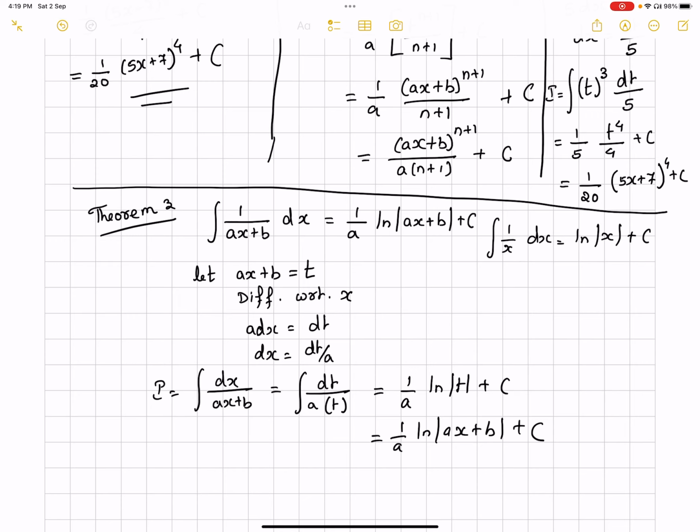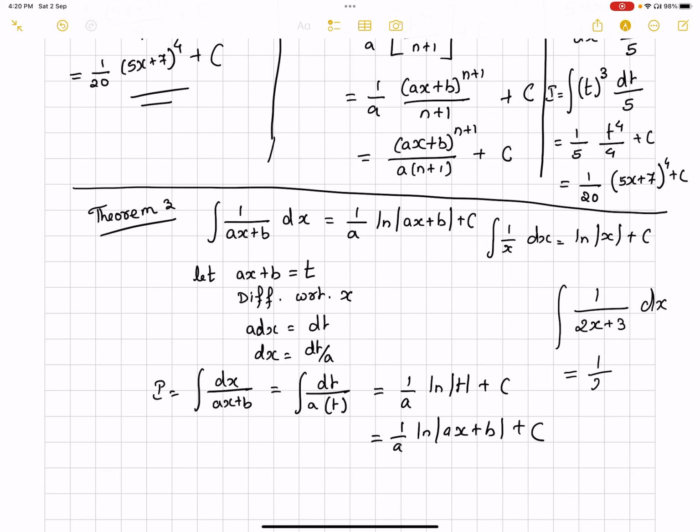The only thing you need to observe is whether the provided problem is in the format of ax plus b within a bracket, whole to the power something, or as a 1 by ax plus b format. Suppose here I have 1 divided by 2x plus 3. In that case, integrate dx if the question has been given. Since it's a 1 mark type of question, no need to take time there.